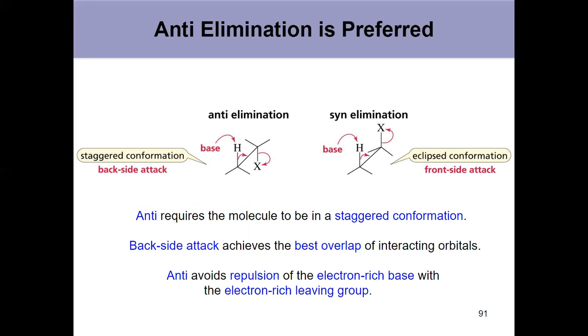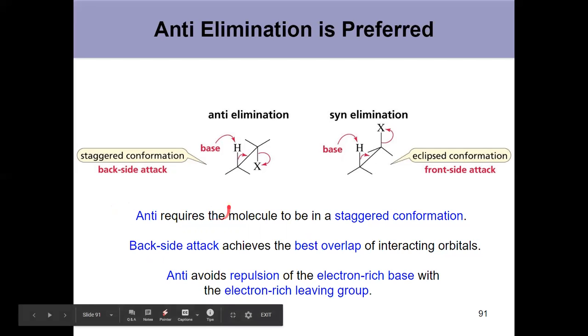Now, in elimination, in E2 specifically, our sp3 hybridized orbitals have to be parallel to one another due to the pi bond that ends up getting formed. In order to get the maximum overlap in that pi bond, the sp3 orbitals have to be parallel to one another. And that can only happen in one way.